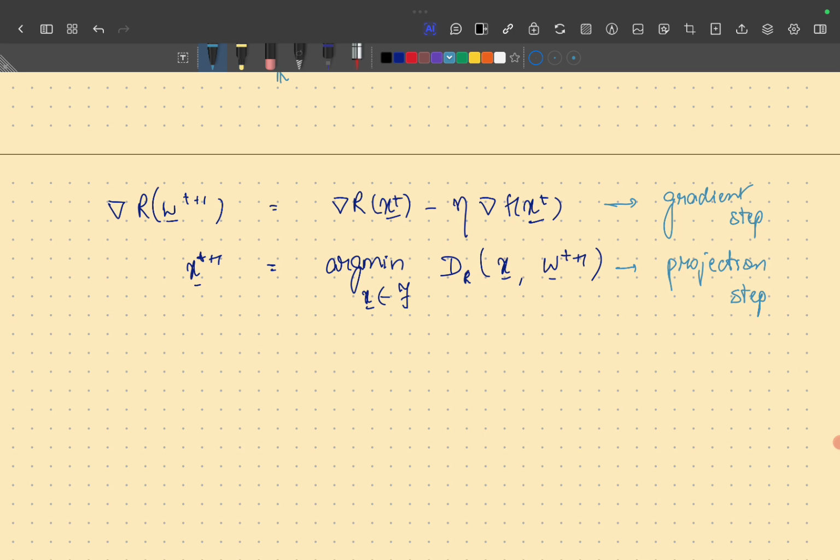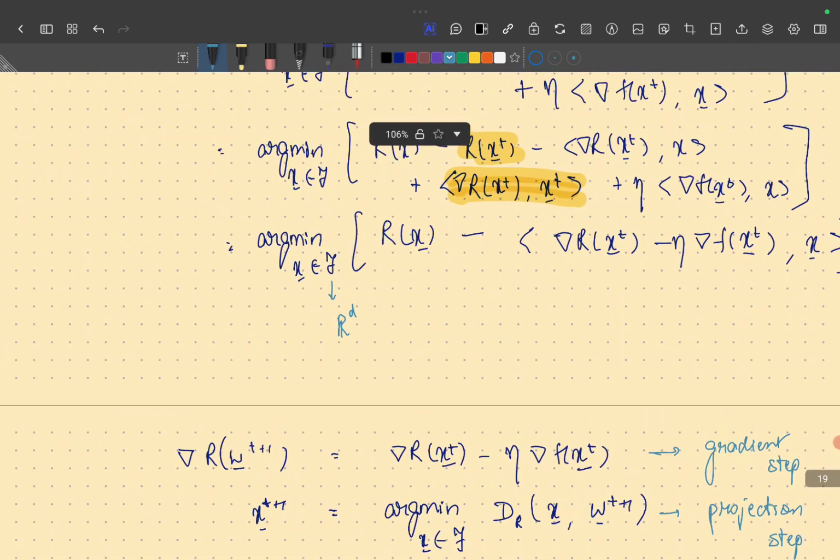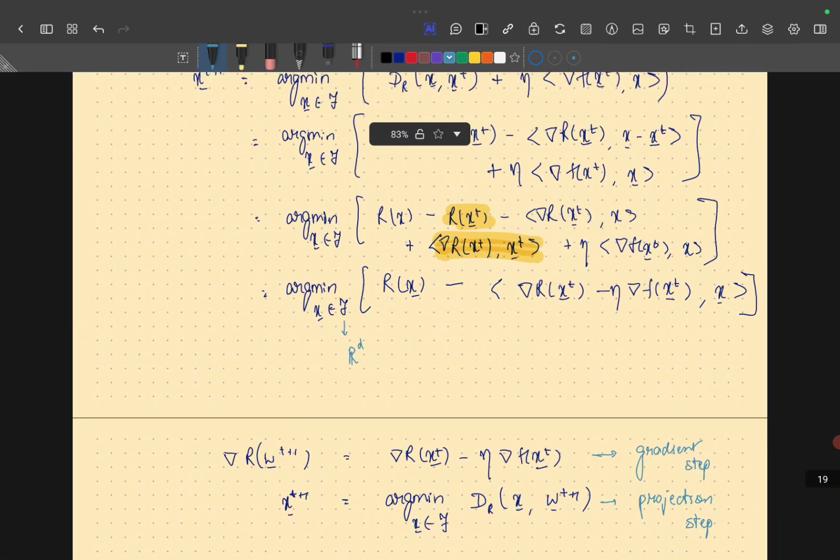At the moment, it's a bit mysterious why I chose this particular Bregman divergence, but it gave me an algorithm. And effectively, this algorithm corresponds to solving for this in every step.